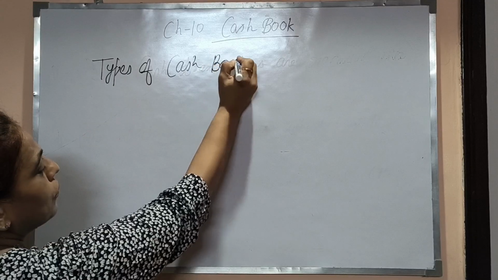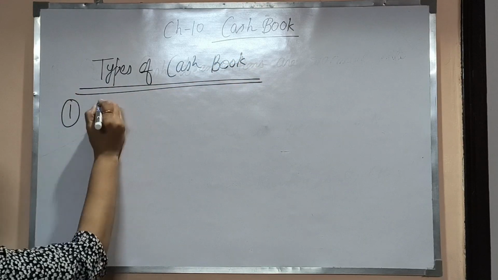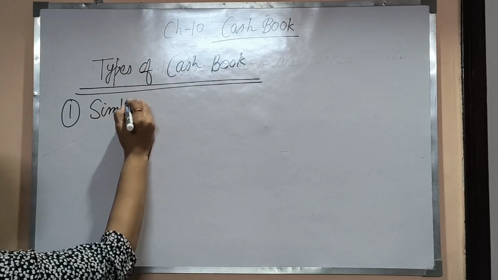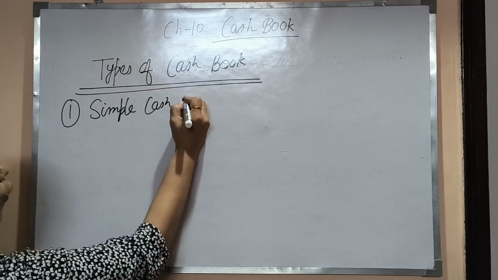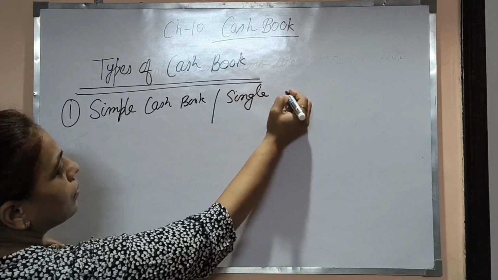Types of cash book. There are two types of cash book. First is the simple cash book, also called the single column cash book.